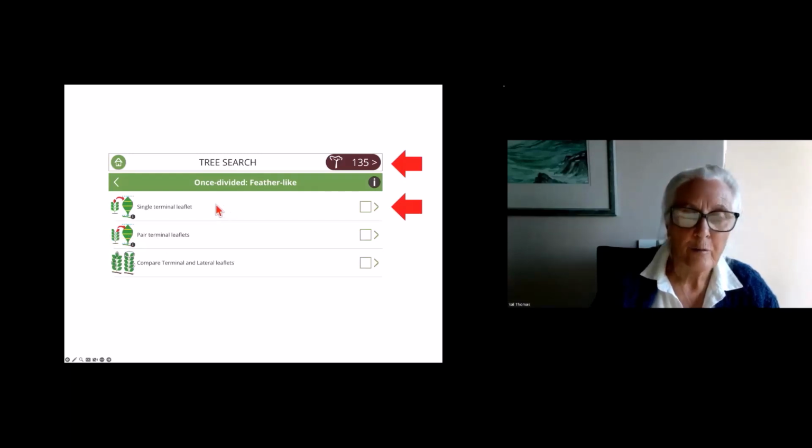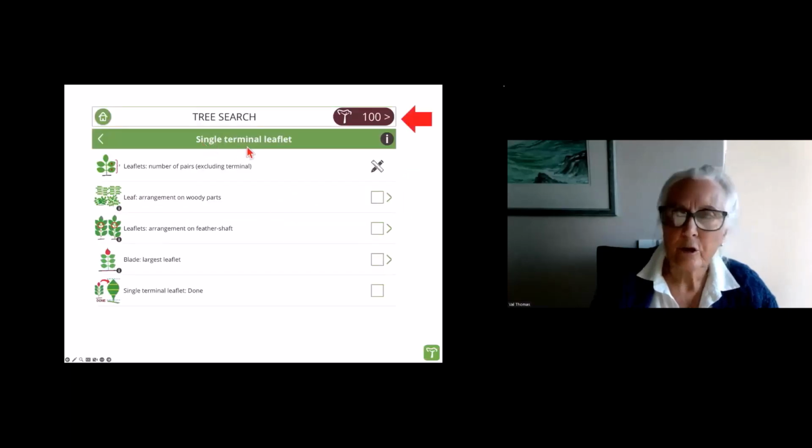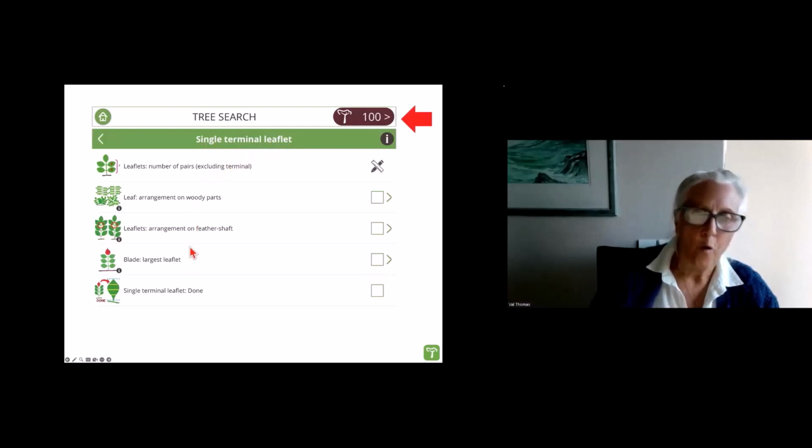So we're now going to the single terminal. We're in South Africa. We've got 135 trees that are once divided feather-like. That's not a lot. We're now examining single terminal leaflet. You've got 1, 2, 3, 4 options of what you do first.